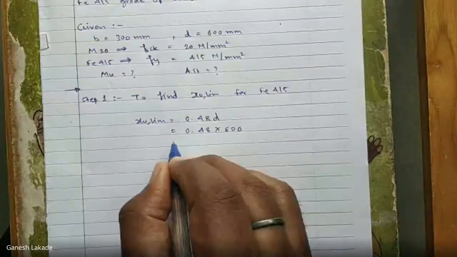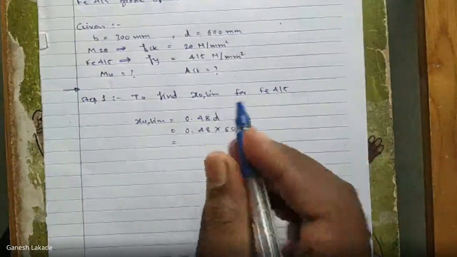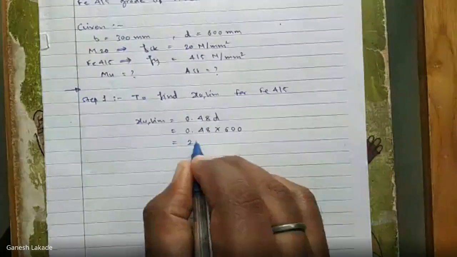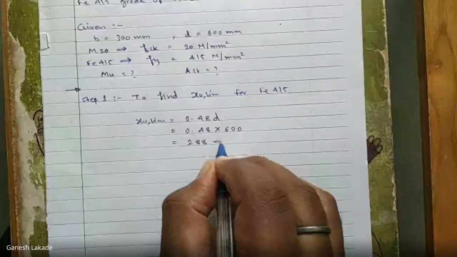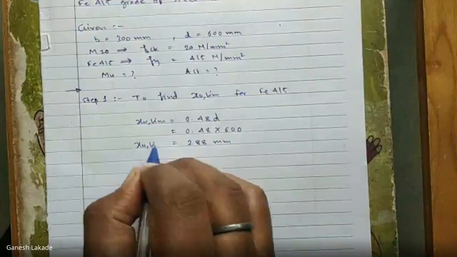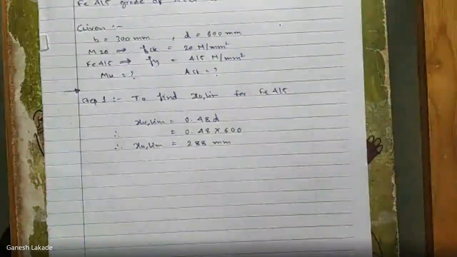So this value comes to 288 millimeters. XU limiting will be equal to 288 millimeters.